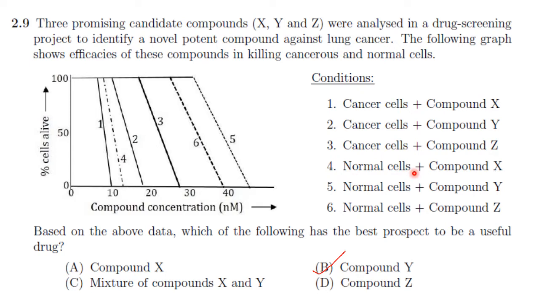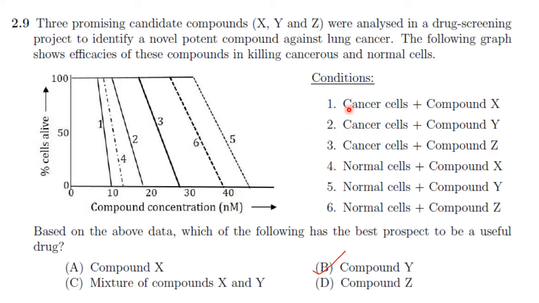If it affects the normal cells, then naturally it is not taken as a drug for cancer. It should specifically affect the cancer cells. If it affects the normal cells, then it is not a good drug for treatment of cancer.